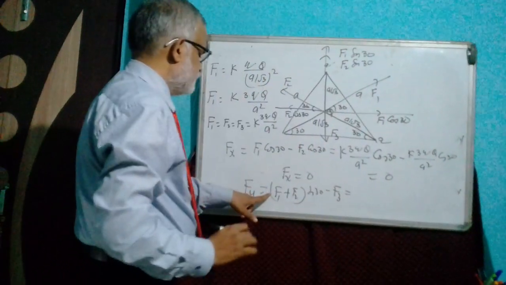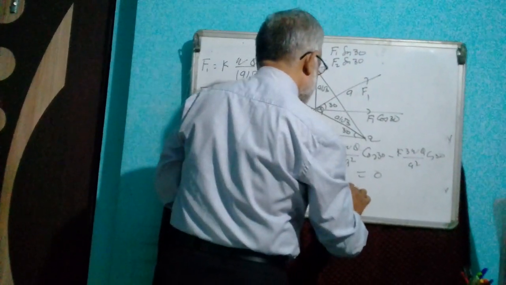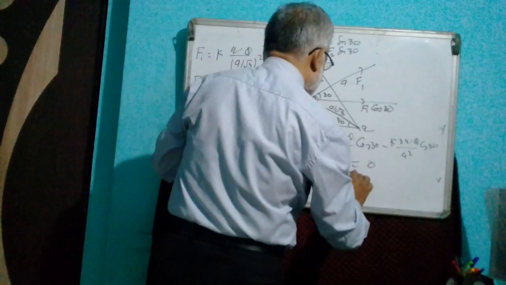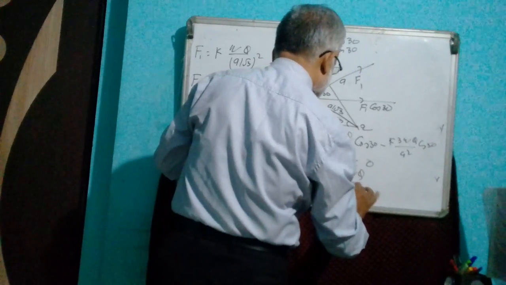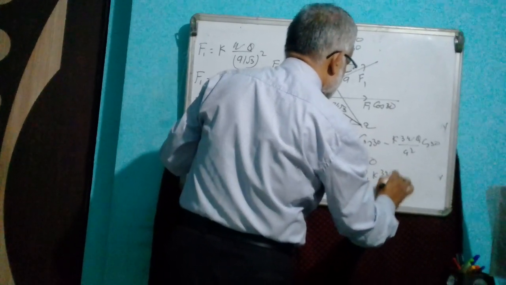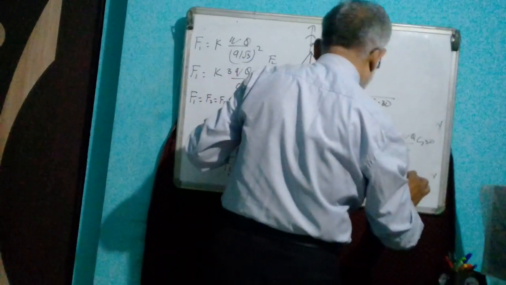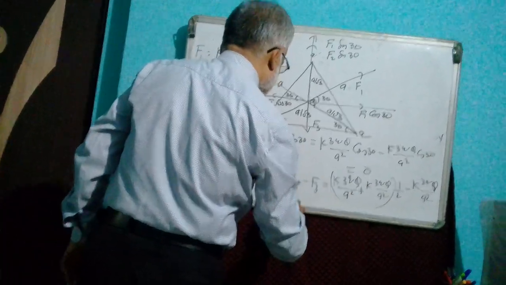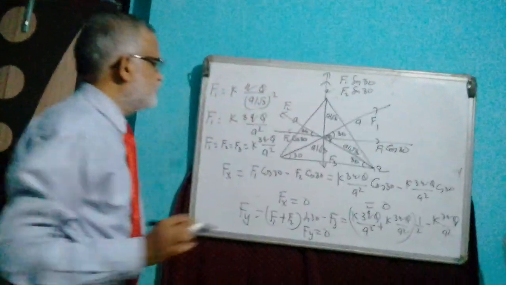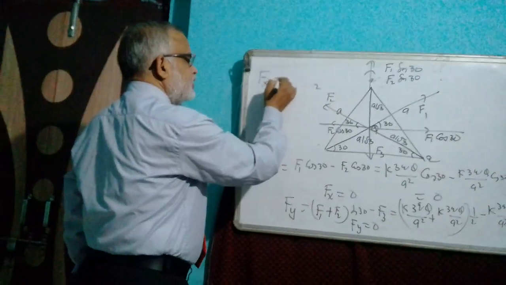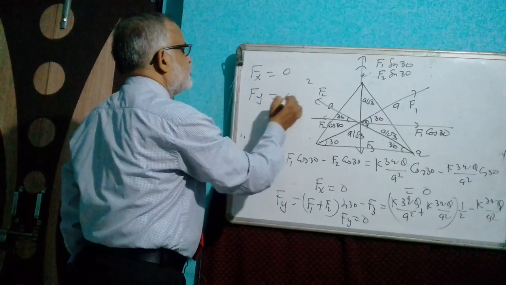Putting the values, K 3Qq upon A square times 1 by 2 plus K 3Qq upon A square times 1 by 2 minus K 3Qq upon A square, and adding these we get Fy is 0. Thus, we have proved the force in the x direction Fx equals 0, Fy equals 0.